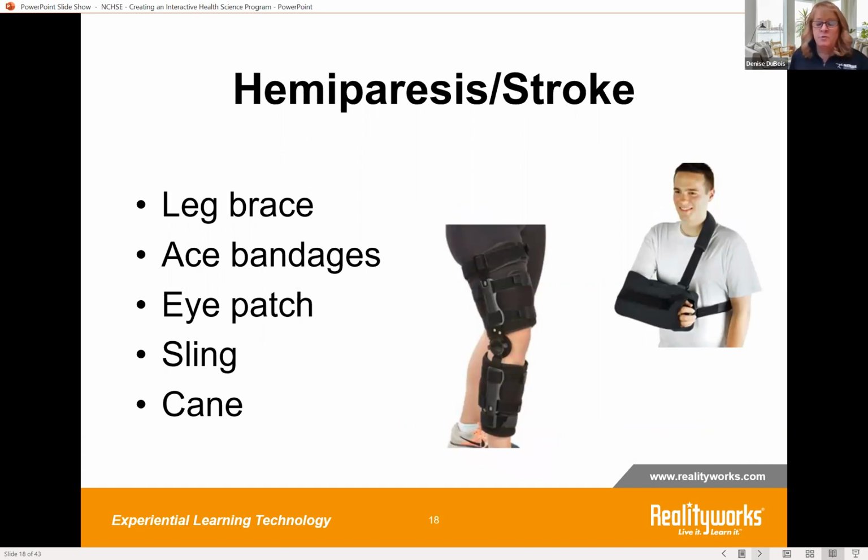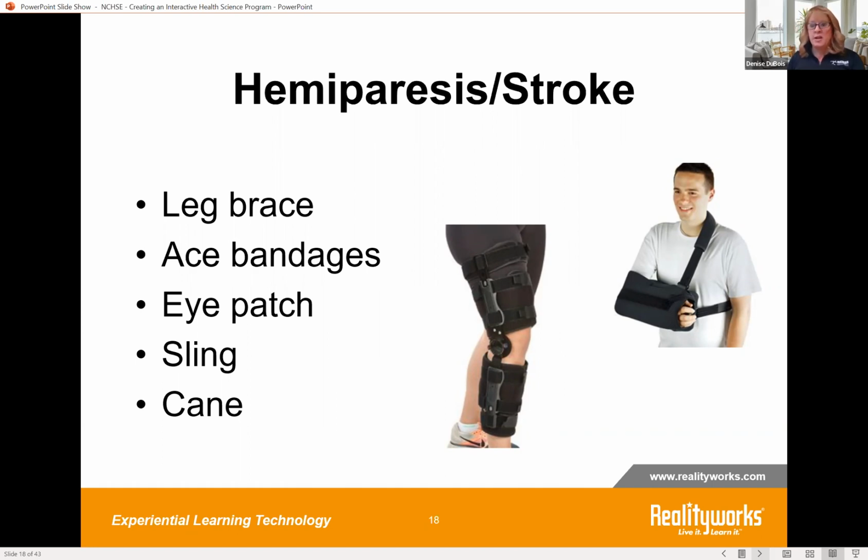So here's an idea if you want to do weakness on one side of the body, or stroke. You can simulate paralysis on one side by using, again, a series of braces and bandages on one side. By doing so, it can make it difficult to do daily tasks, especially if you have them ambulate, simulating stroke or other related causes of this condition.